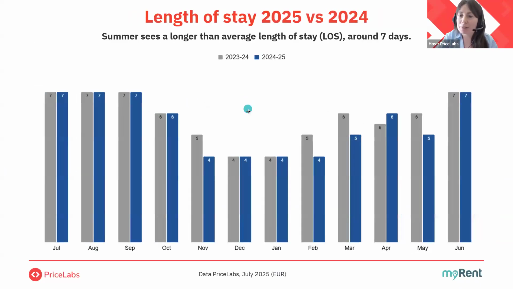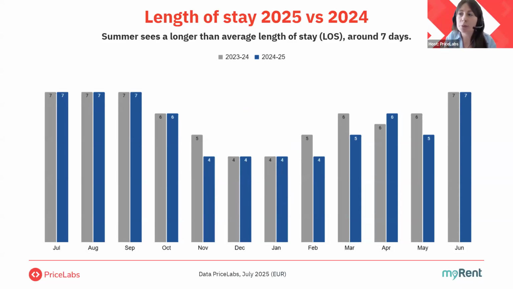Another really, really important factor is the length of stay. We can see that during summer it is around 7 nights. So stays are mainly of 7 nights. So we can talk about long stay during the summer, and this is dropping for the low season to 4 nights. Here, it's really important, for example, if you use PriceLabs to have a different strategy.